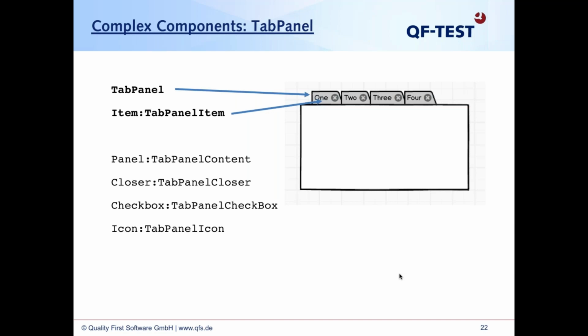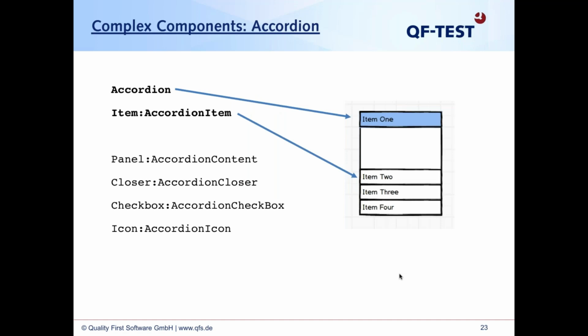And like a tab panel is like a horizontal selection, and if you have this in a vertical way, it is called accordion. In fact, this is like a tab panel selection. So we have the same generic classes, only with the accordion string in the beginning instead of the tab panel string. So again, the container, and then the items, and optionally the content, the closer, the checkbox, and the icon.